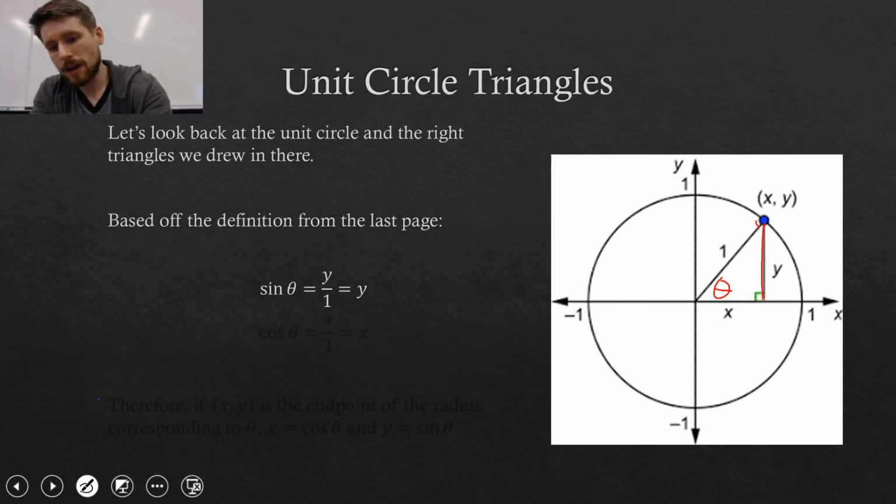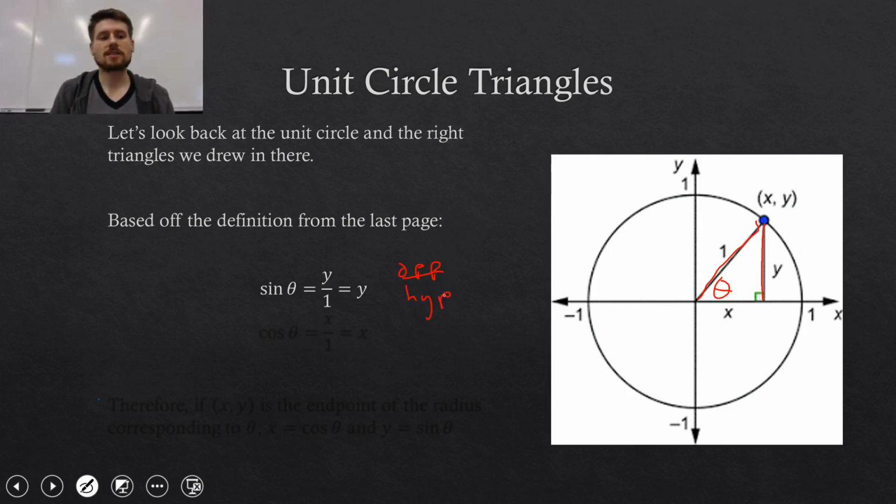Then the sine of theta is going to be the opposite side, which is y, divided by the hypotenuse. Since it's the unit circle, the hypotenuse has a length of 1, so we just get the side length y. So sine of the angle theta is equal to y, which is the height of that triangle.